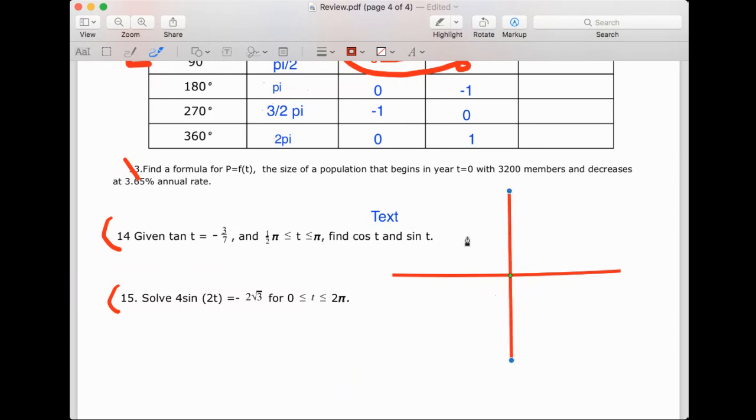Okay, remember, all students take calculus. For tangent to be negative, that means we need to draw triangles in the second quadrant and in the fourth quadrant. Let's draw one in the second quadrant first, because tangent is negative, we have -3 over 7.